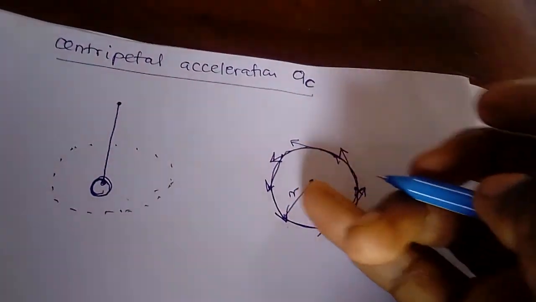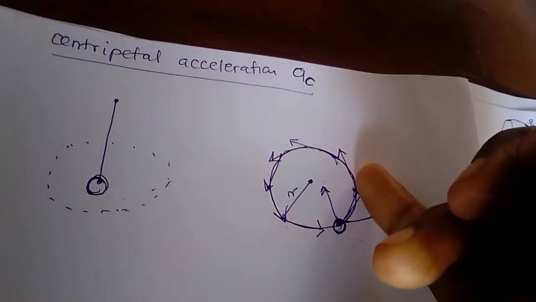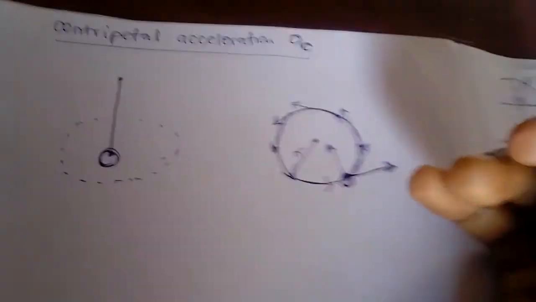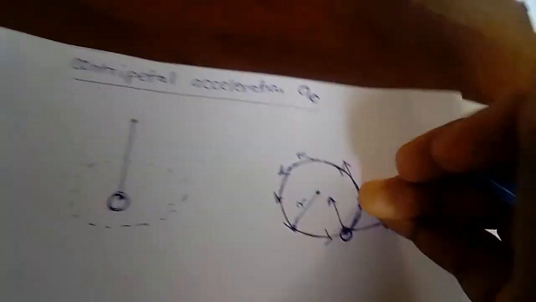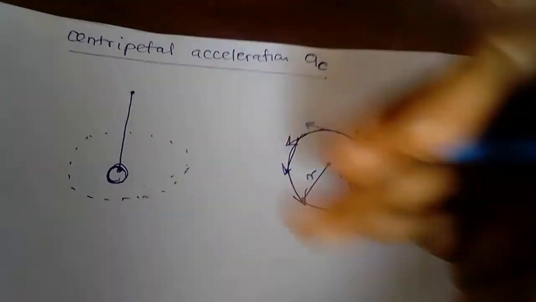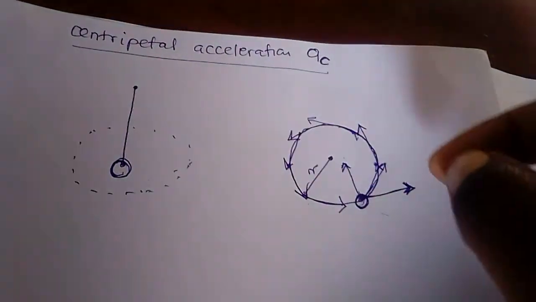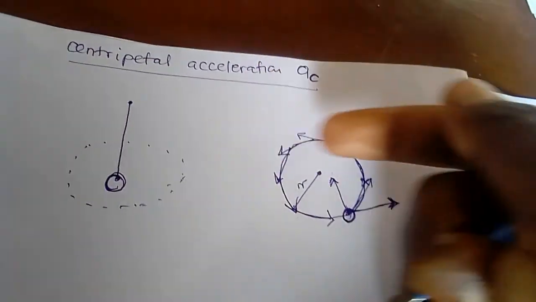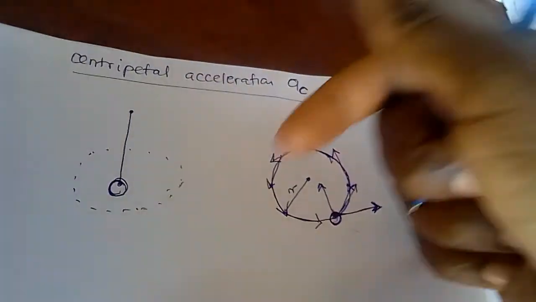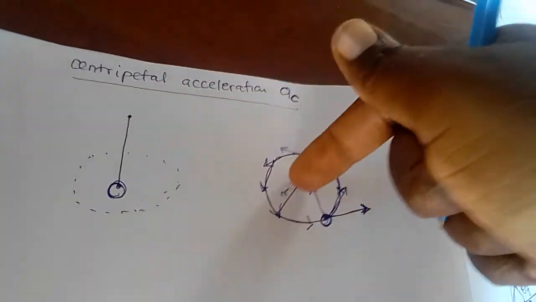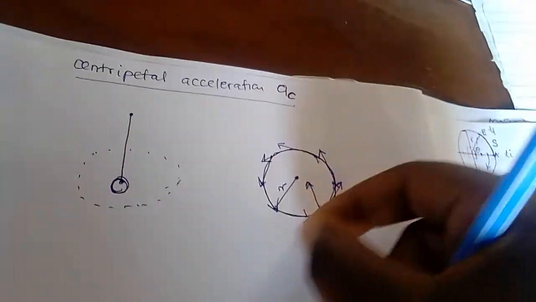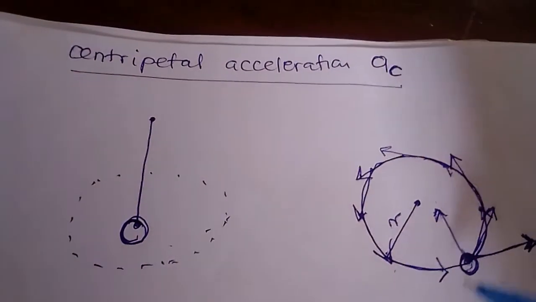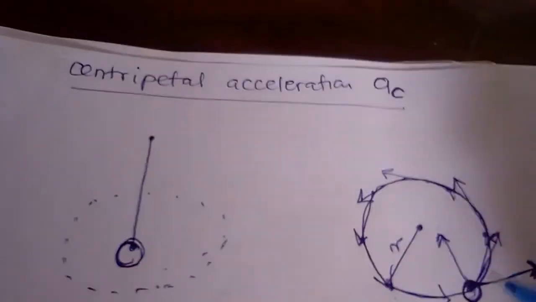It is trying to get to the center, but it keeps being pushed. As it is moving around this circle, it is being forced to move towards the center, hence it keeps curving, right? It keeps curving as it is moving because there's something at the center that is causing it to want to move that way.